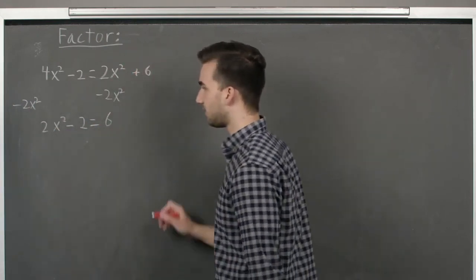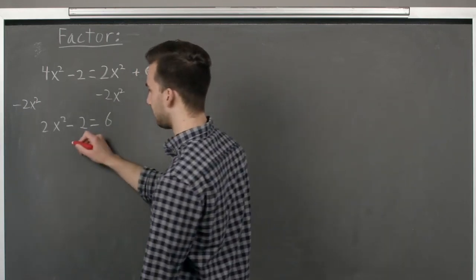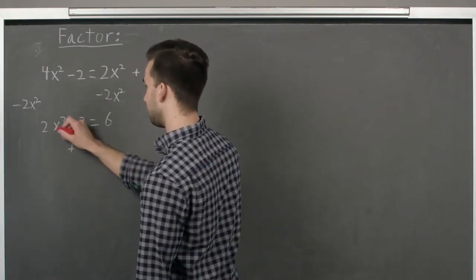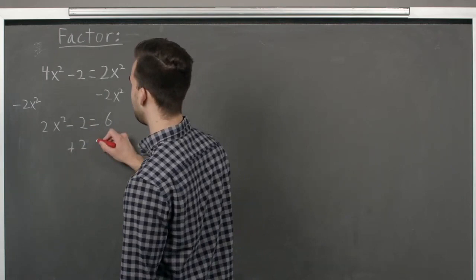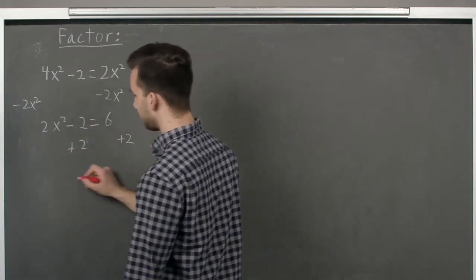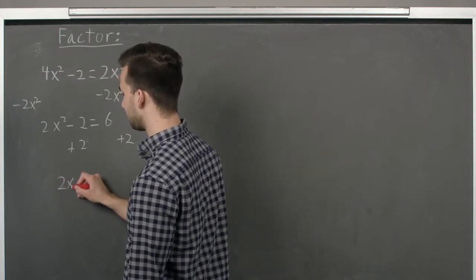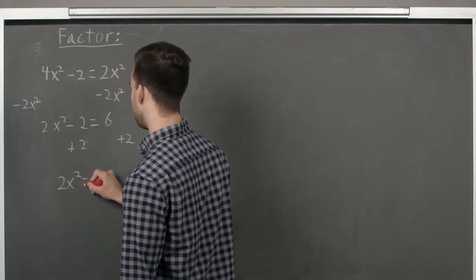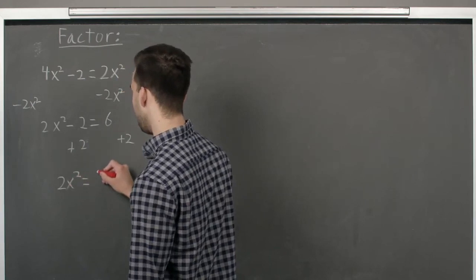And so now I'm going to add 2 to both sides to get the 2x squared by itself and group like terms. So 2x squared is equal to 8.